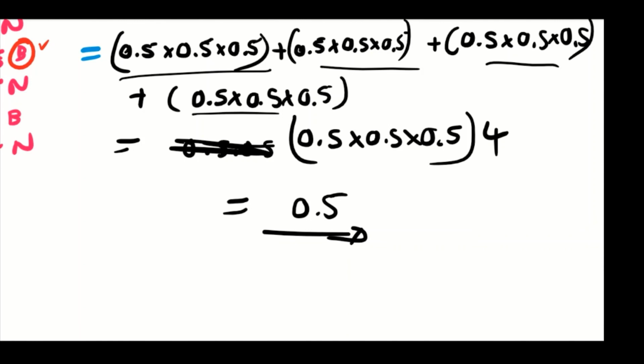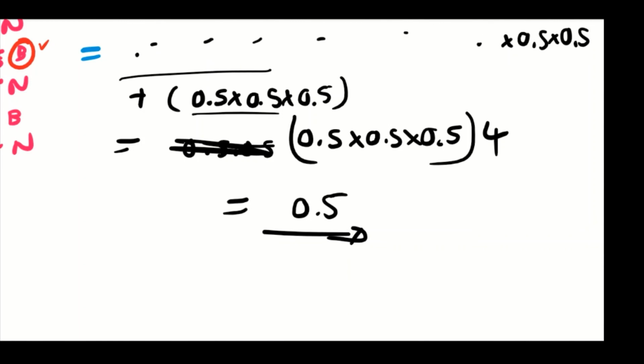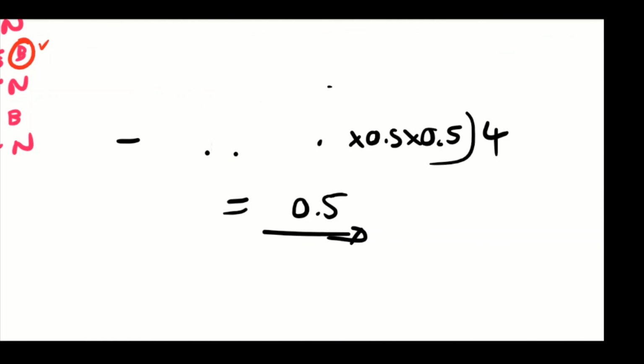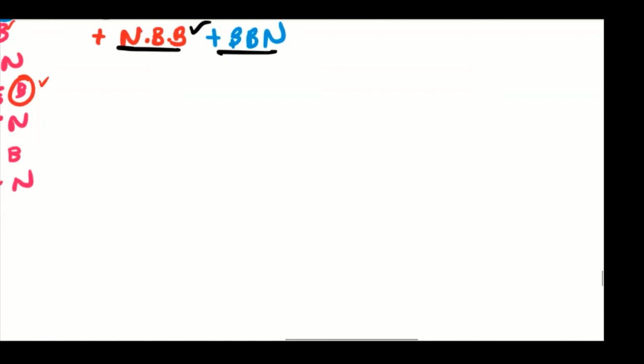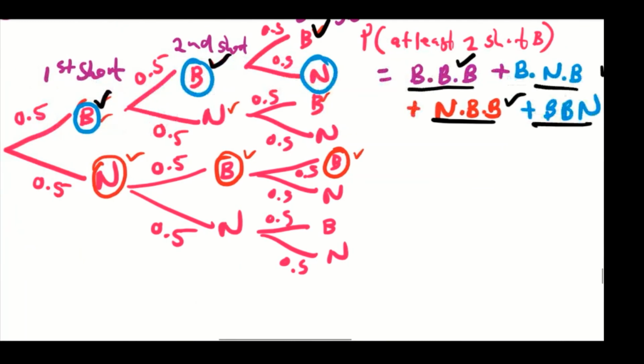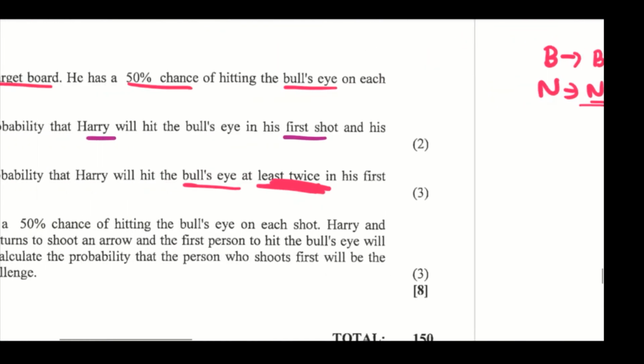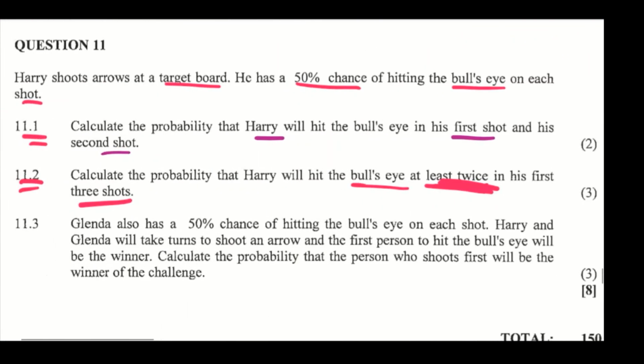Let's now go to another question. Another question says that in 11.3, Glenda also has a 50% chance of hitting the bullseye on each shot.